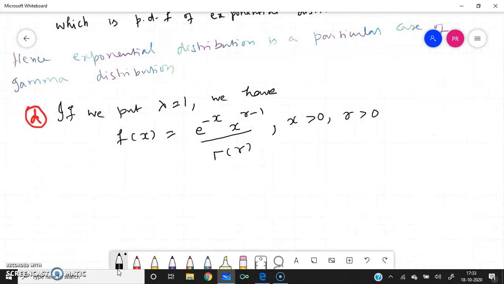We can call this x a gamma variate with only r, a single parameter, known as the gamma distribution with single parameter r. This distribution is widely used in many cases because it has only a single parameter, and here lambda equals 1.